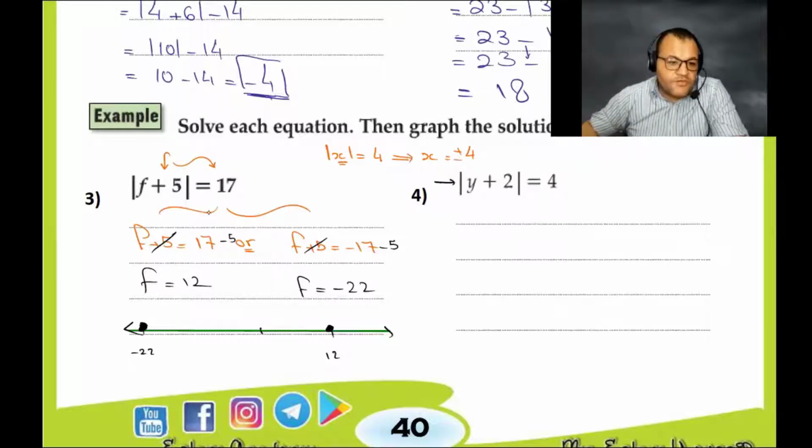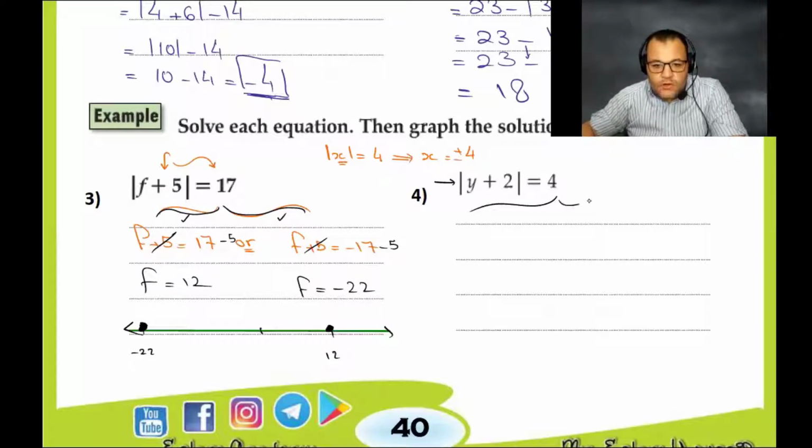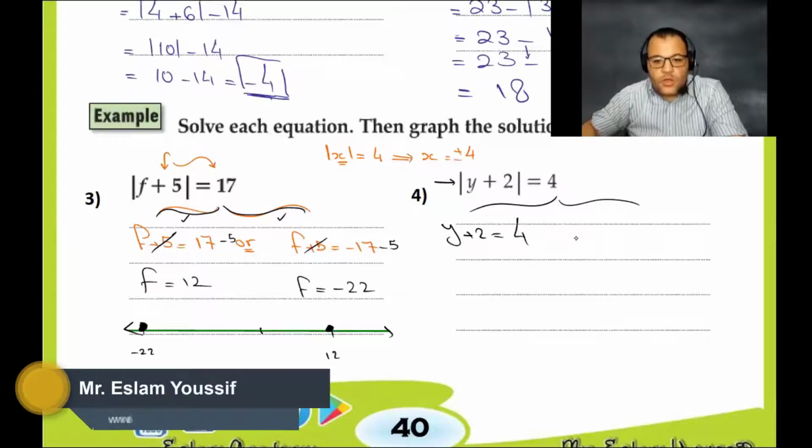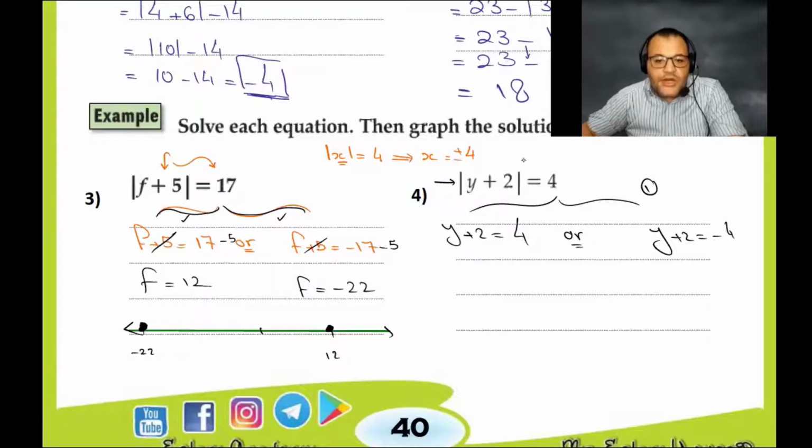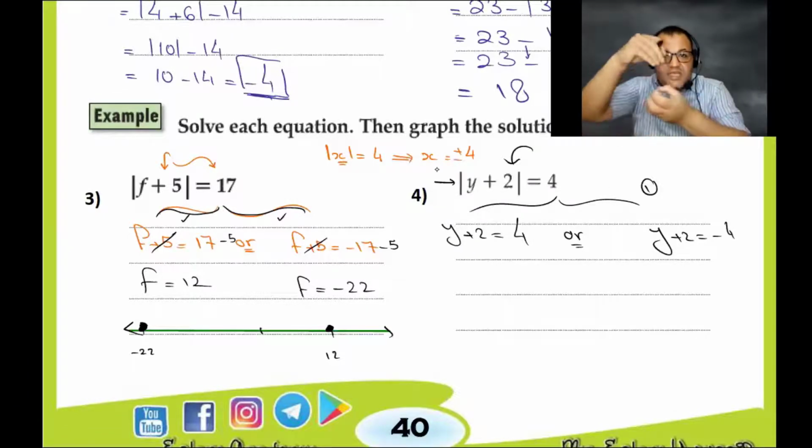The condition to remove the absolute value is that you have two solutions, one positive and the other negative. So y plus 2 equals 4 or y plus 2 equals negative 4. That's step number 1: remove the absolute value.